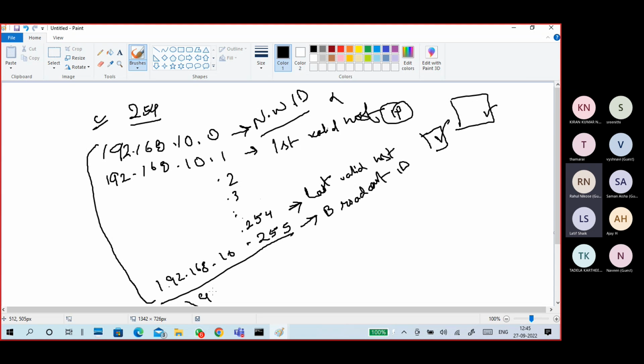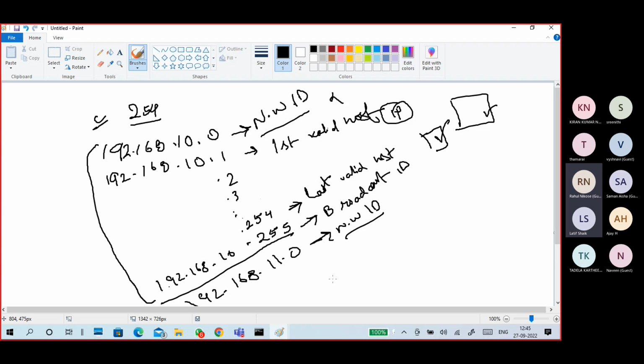Whenever you change the network, the next one is 192.168.11.0. This is another network ID, which means it's a new, separate network. This is 10, this is 11, so automatically it is a different network.